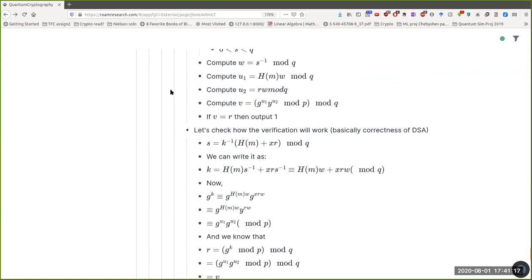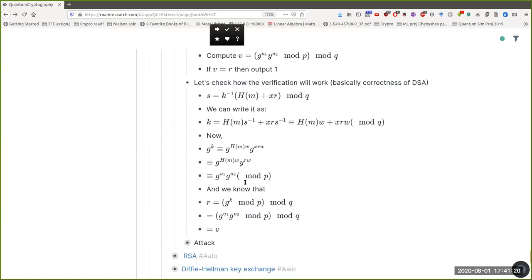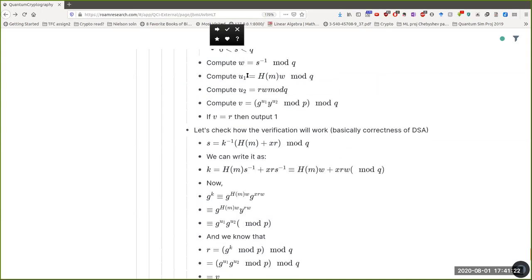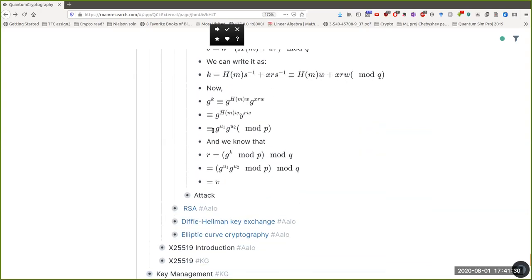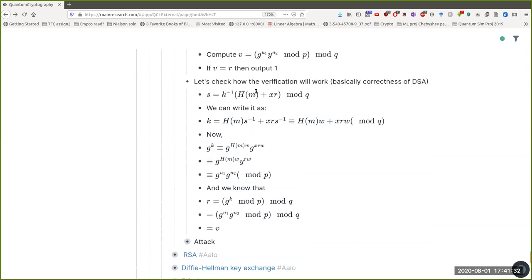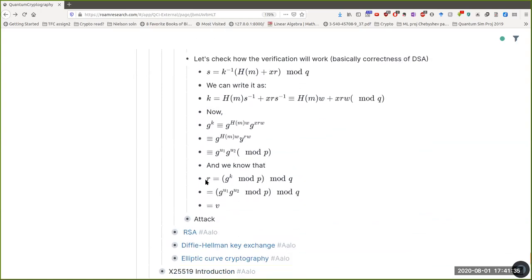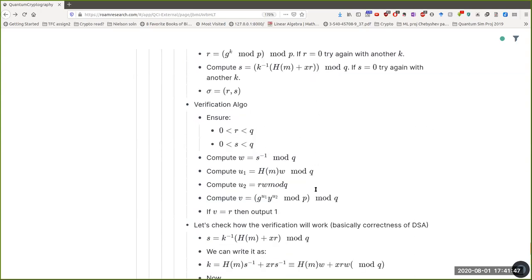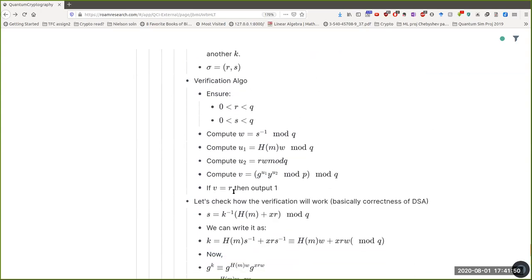If I go back again, these values over here were my U1 and U2, which I'm plugging in here: g to the power U1, Y to the power U2. This is basically what I get. So at the end, what I got is that R is g to the power k, and I got back this expression, which is basically V, and therefore R is equal to V. This shows that if I go by these steps, and I don't get V equals R, that means the signature is not valid.